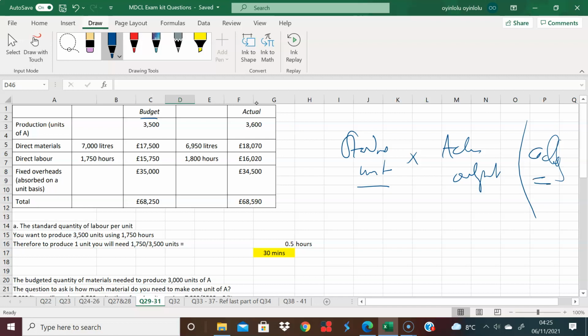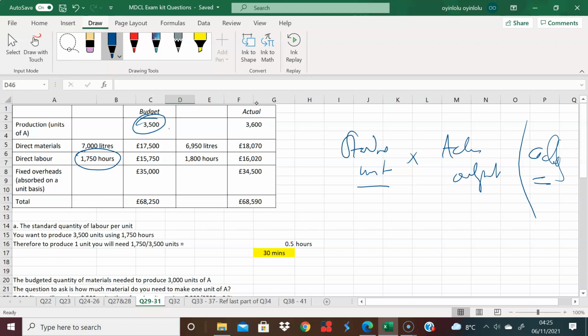So let's first of all find the standard quantity of labor per unit. I know you did 3,500 units, and you're supposed to use 1,750 hours to make these units.